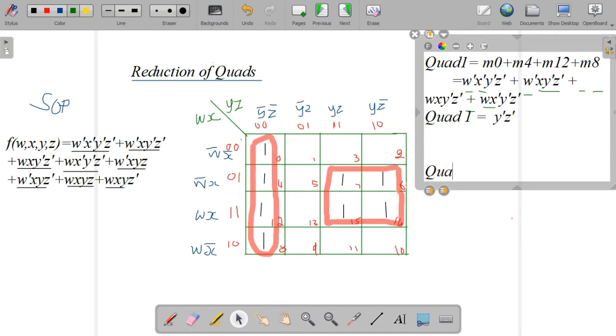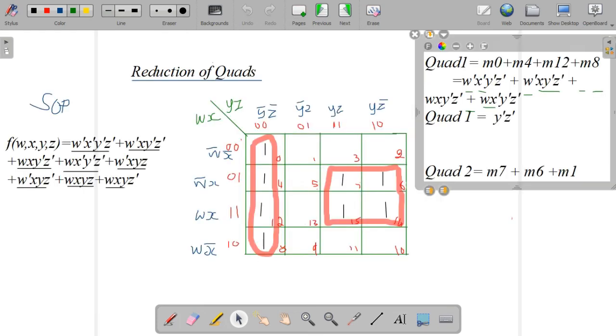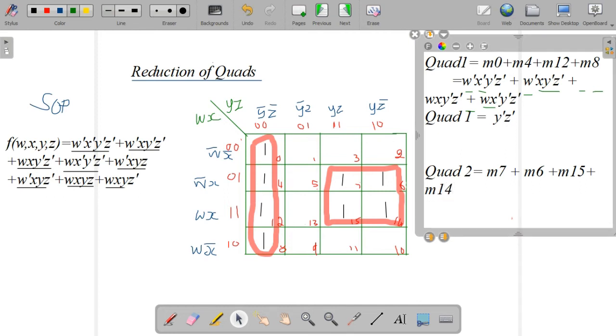the next quad, you can identify two quads in this K-map. So the second quad, how do we have to find it? The same way, quad 2, just write like this and represent the minterms. What are they? M7 plus M6 plus M15 plus M14.